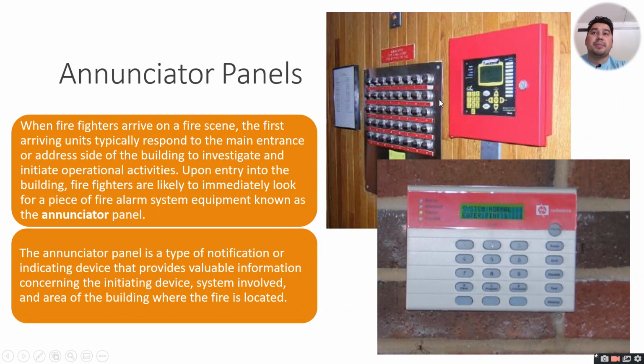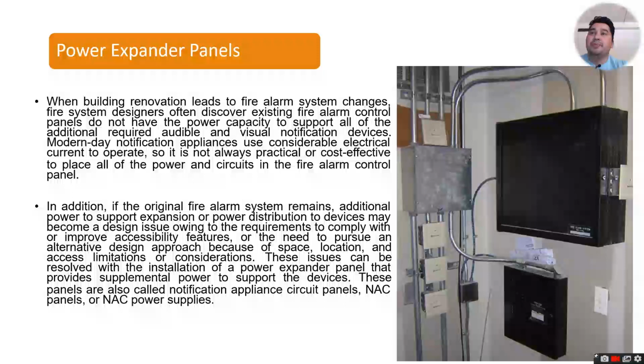The annunciator panel is a type of notification or indicating device that provides valuable information concerning the initiating device, the system involved, and the area of the building where the fire is located. We can say this is the fire alarm control panel unit also, where you can get the information.